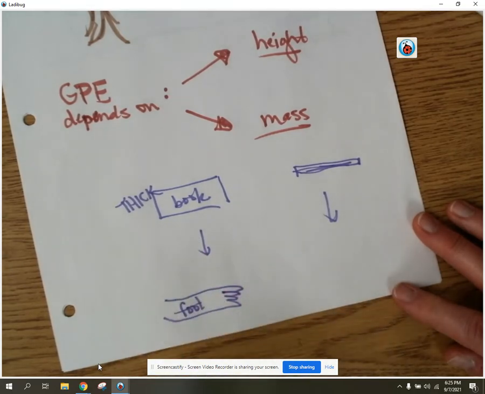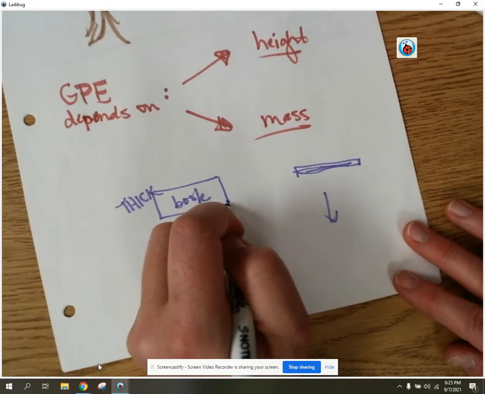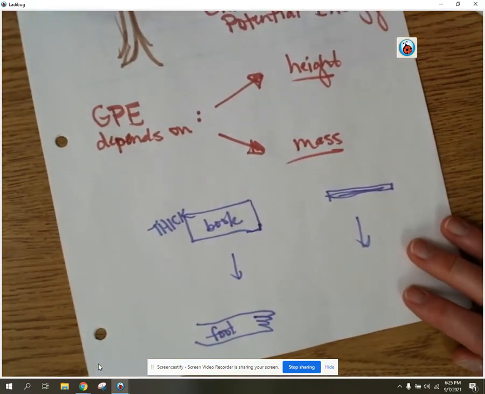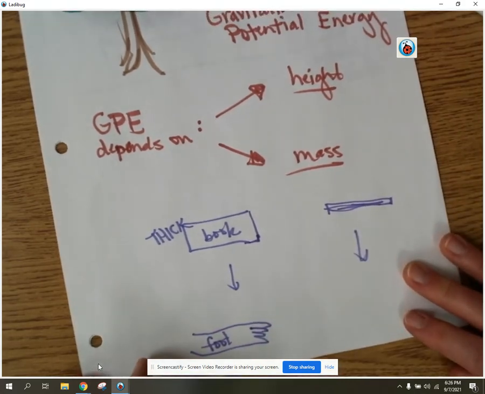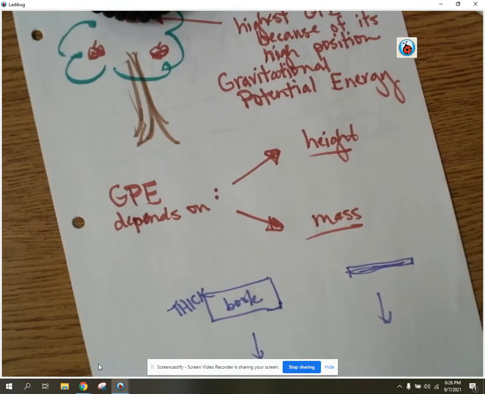Obviously, this thicker book is going to do more work, or energy being the ability to do work, on that foot because it has more mass. Okay, so those are the two factors that affect gravitational potential energy.